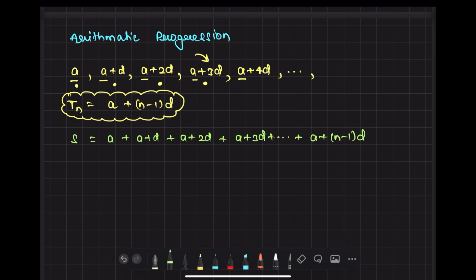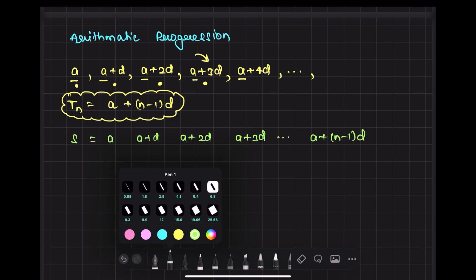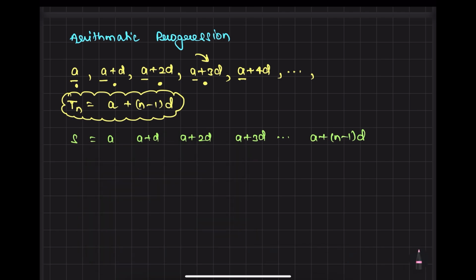Okay, now look at this. For understanding I'll change the color so that I can segregate things and you guys can visualize with more clarity.